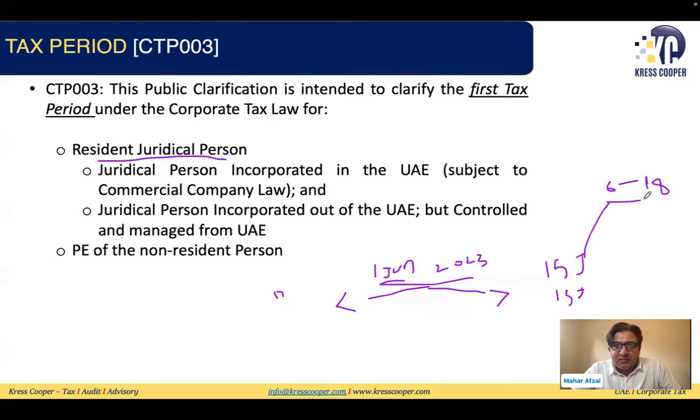Why 6 to 18 months? UAE commercial law says a new company can have its first financial period between 6 and 18 months.